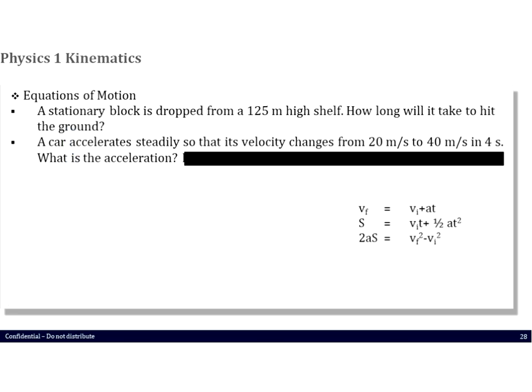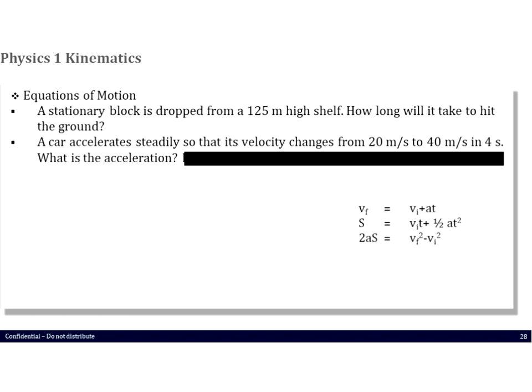We have the last offer, minus 5 meters per second. So let's check how good is that, if we can accept that. So a car accelerates from 20 meters per second. So we have Vi is equal to 20 meters per second, and to 40 meters per second.